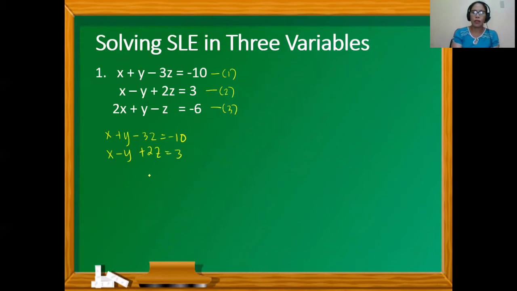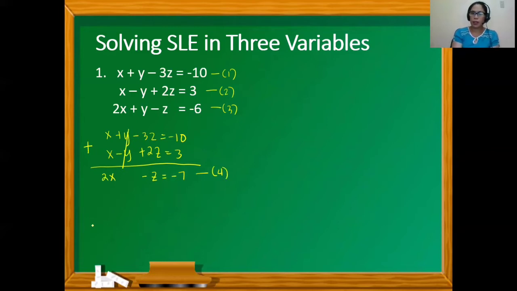Since the coefficients of y are additive inverses of each other, to eliminate y we're going to make use of addition. So we have 2x, y is 0, negative 3z plus 2z is negative z, and this is equal to negative 7. This will serve as our equation 4.